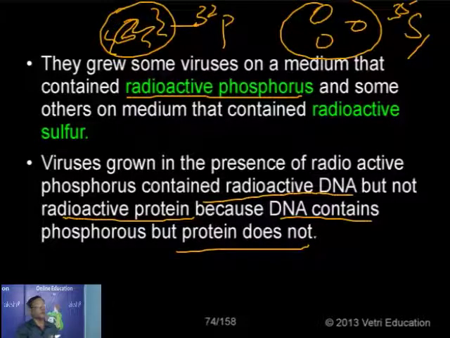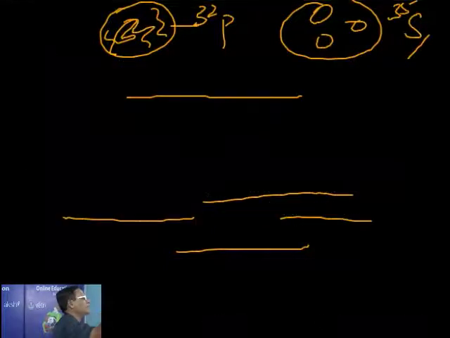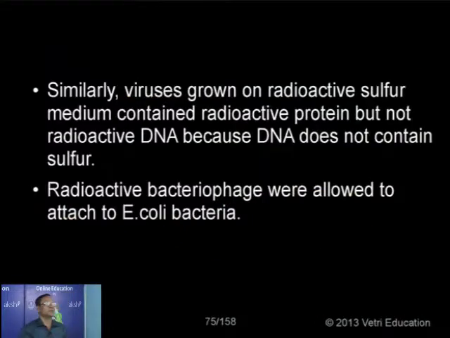Similarly, the viruses which were grown in a medium having radioactive sulfur contain radioactive sulfur in their protein coat and not in the DNA. So viruses grown in a medium with radioactive sulfur contained sulfur in their proteins.